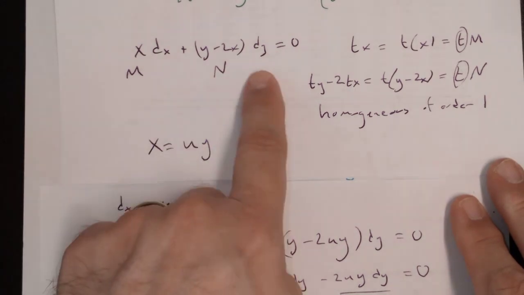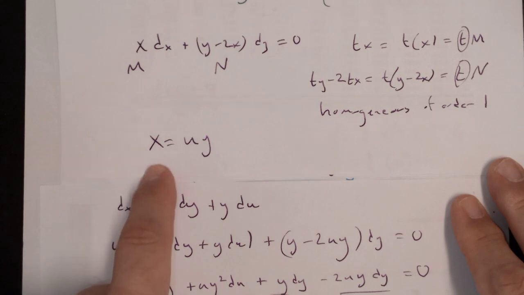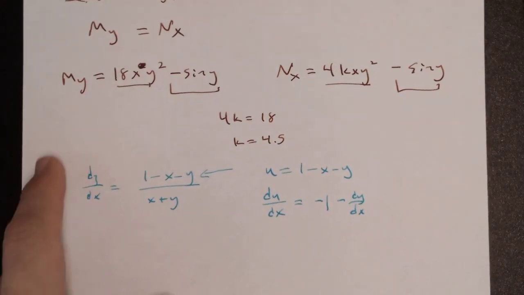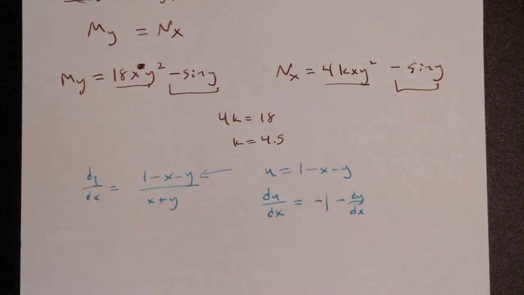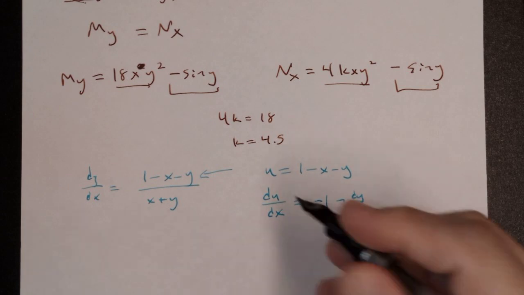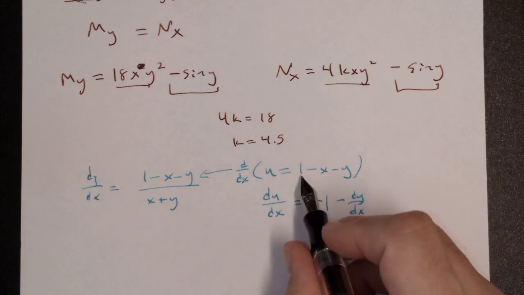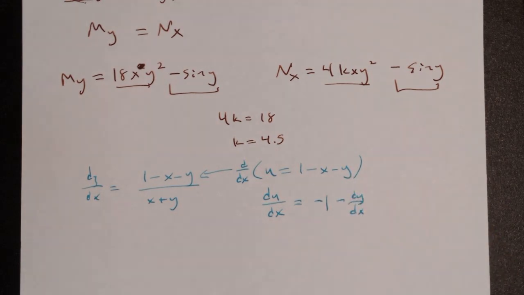Well, but notice here the dx and the dy were separate, right? So I needed to be able to get rid of the dx and put stuff in u and y in its place. In your problem, dy and dx are together. So I want to keep them together, and I want to get a du/dx in its place. So I'll take my derivative with respect to x here. So I get du/dx, the derivative of 1 is nothing, derivative of x is 1, derivative of y is dy/dx.